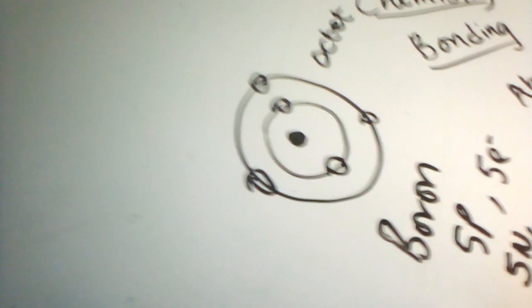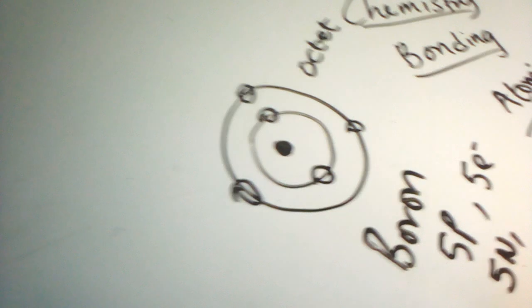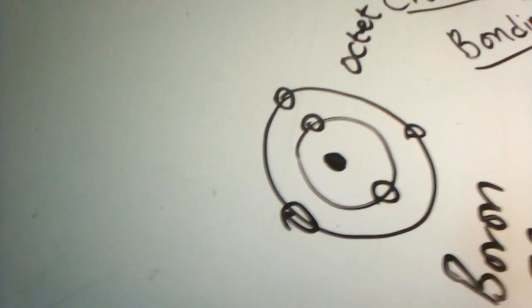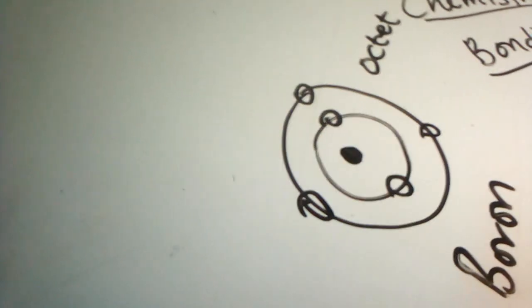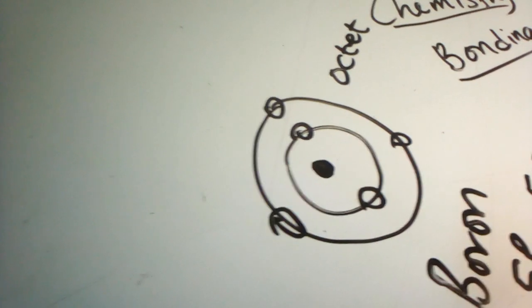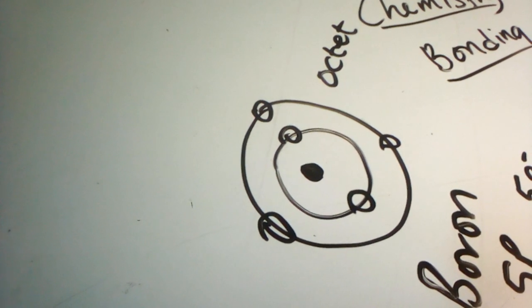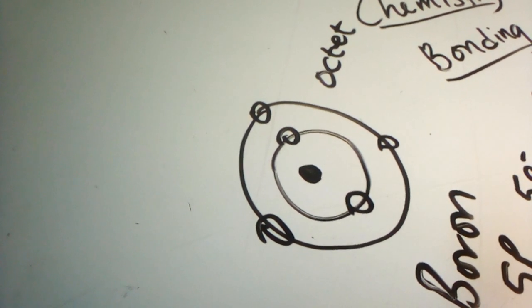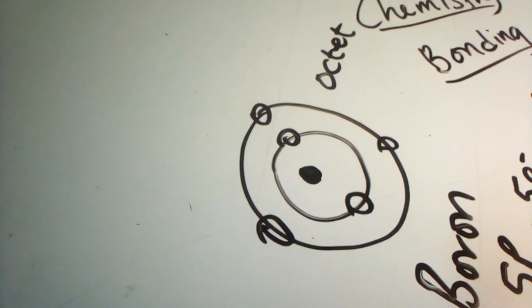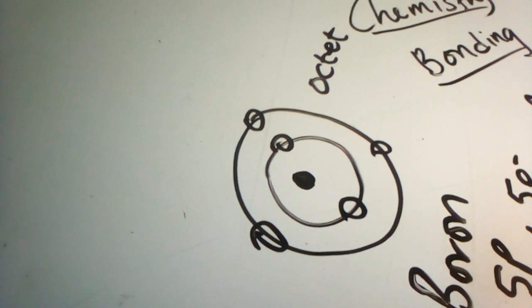Now you'll be asking yourself: what of atoms that have 4 electrons in the outermost shell, 2 electrons, or 1 electron, and so on, or 7 electrons? Will they form the same kind of bond? No. That is why we have different kinds of bonds. The bond any atom is going to form depends on the number of electrons it has in its outermost shell.